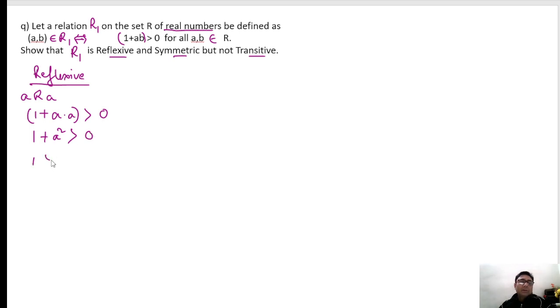See, 1 is greater than 0 and A square is always greater than or equal to 0. So therefore 1 plus A square is always greater than 0. So this is the reflexive condition, right? If we choose any A from any real number, negative or positive, this is always valid for the reflexive condition. Next come to symmetric.